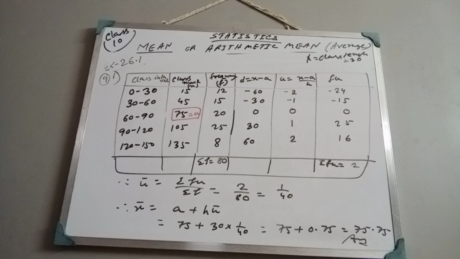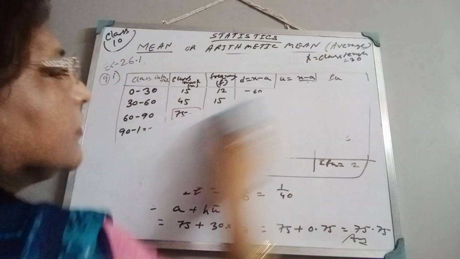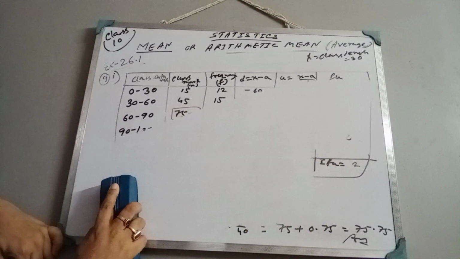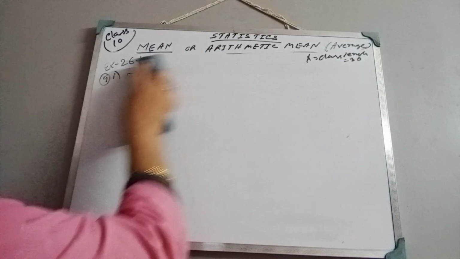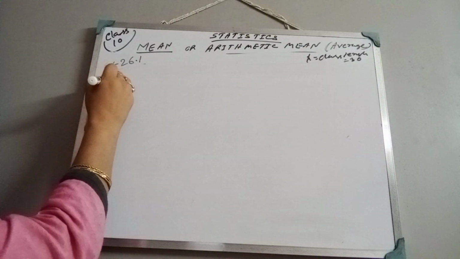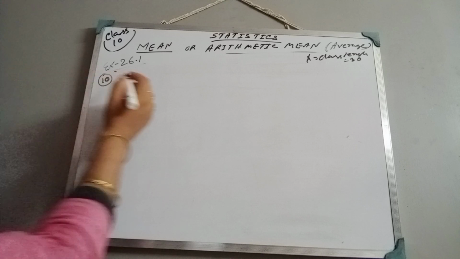Next is sum number 10. If the mean of the following frequency distribution table is 24, let us find the value of p.